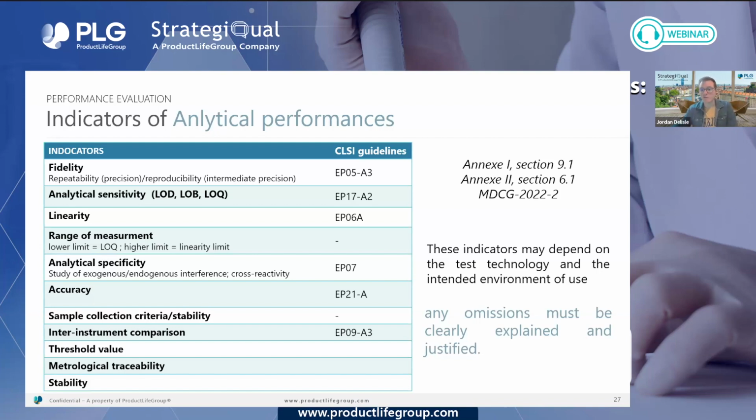However, any omission must be clearly explained and justified. The choice of criteria to be evaluated in terms of analytical performance may be guided, among other things, by the results of the risk analysis, for example, measurement variability criteria to be taken into account, choice of interference to be tested, etc.